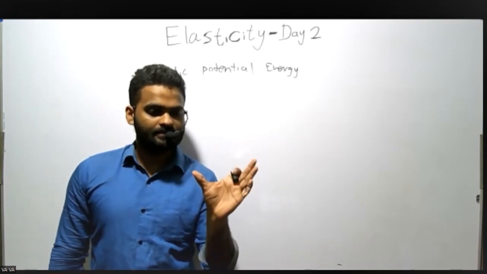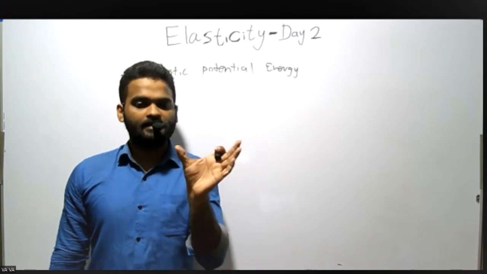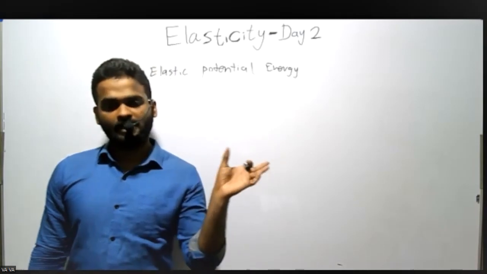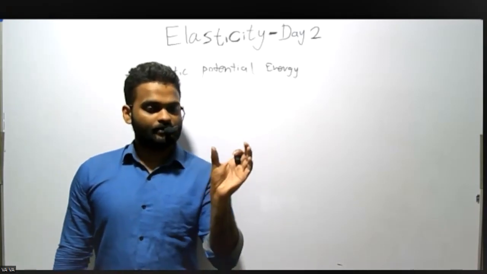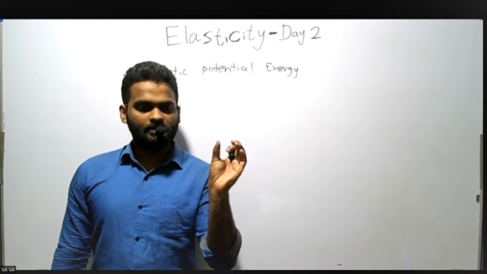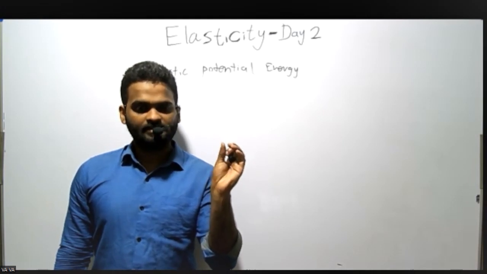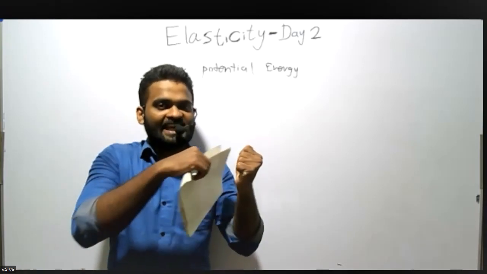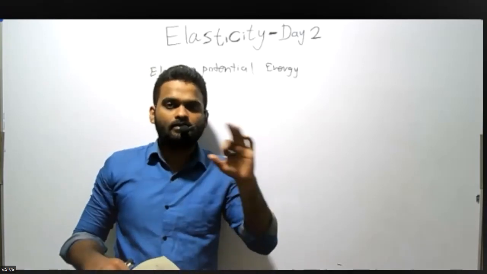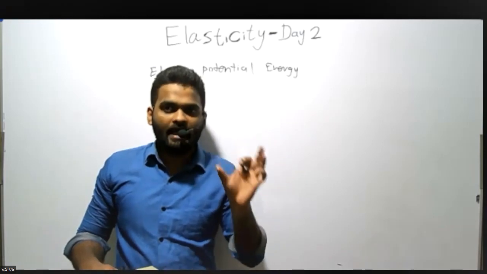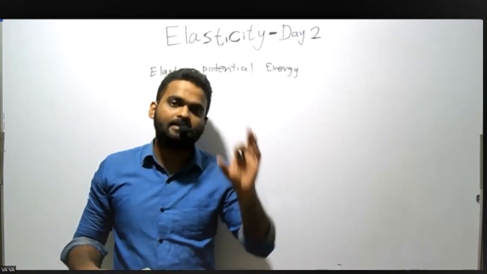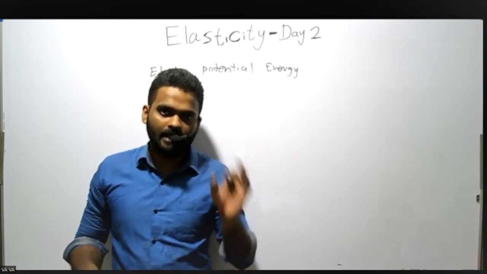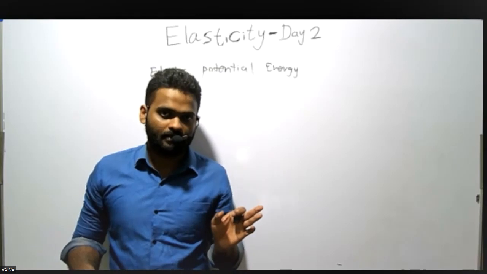Once you release the force, the object takes its original shape. We discussed this at the last class. When you push a rubber ball, its shape changes. The work we did to change the shape is stored in the rubber ball as elastic potential energy, not gravitational potential energy.